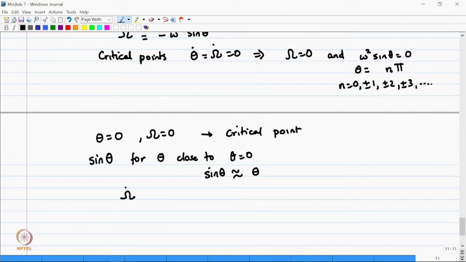I get omega dot equal to minus omega square theta, and this is basically a simple harmonic oscillator.